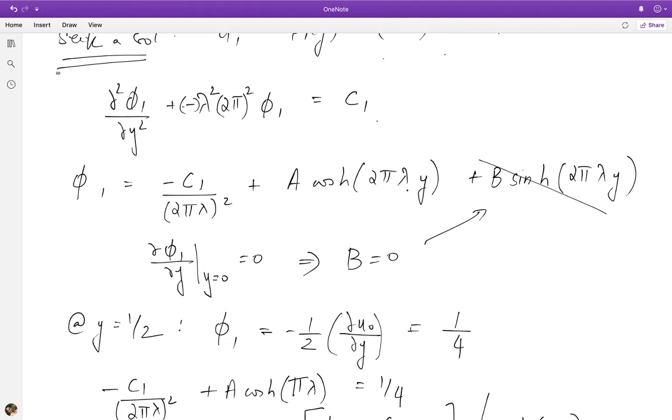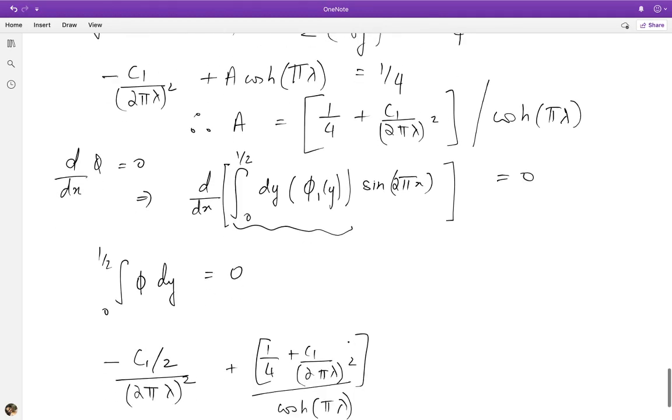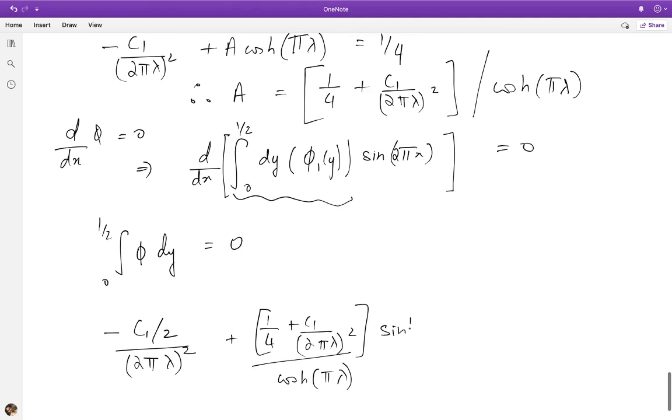This becomes sinh 2 pi lambda y, and now y is of course half, and the limit at 0 would give me 0, but then I also have 2 pi lambda sitting in the denominator, and this must be equal to 0.